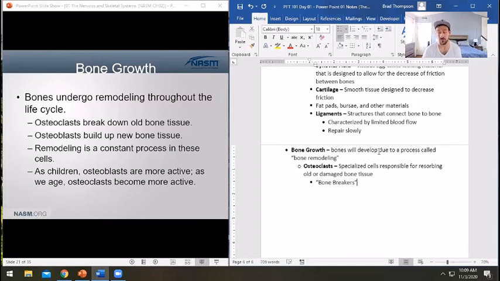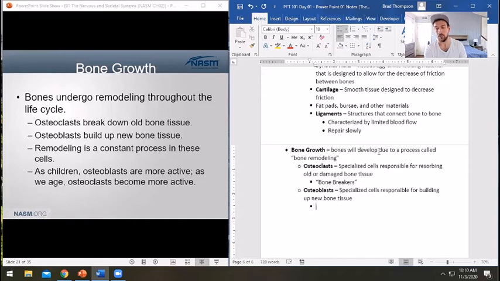Now that sounds really bad because it's like, don't we want lots of bone tissue? But if your bone tissue is imperfect or damaged or doesn't have a structure that's very effective, we want to break that old bone tissue down so that we can create new effective bone tissue. And that is where your osteoblasts come in, right? These are specialized cells responsible for building up new bone tissue.